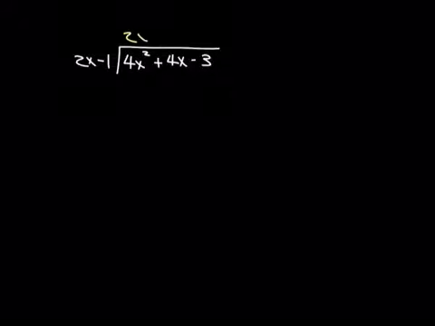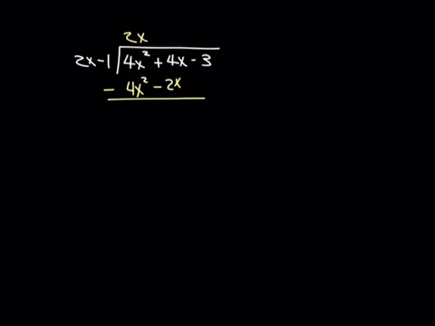X goes into x squared one time. 2x times 2x is 4x squared, which, if you're not getting these two as the exact same, you're doing something wrong. Now 2x times negative 1 is negative 2x. Line, minus. So these cancel out, become 0.